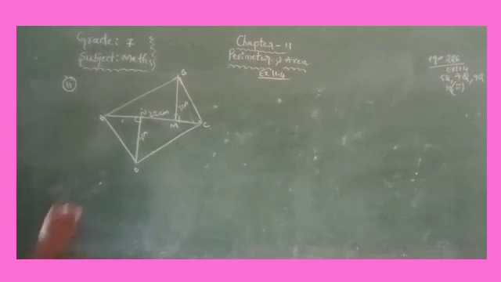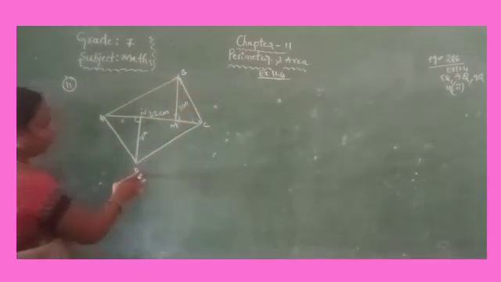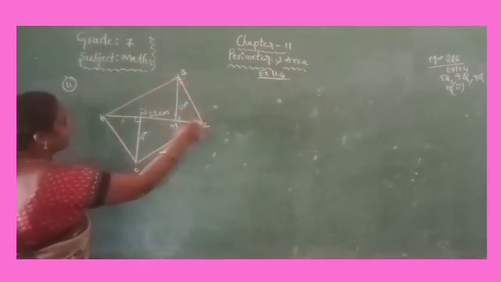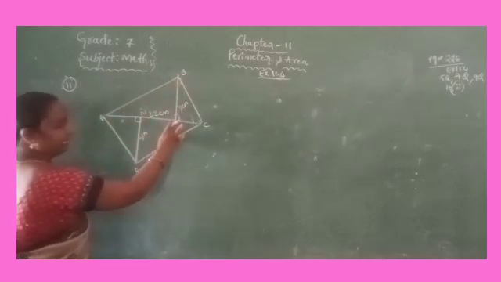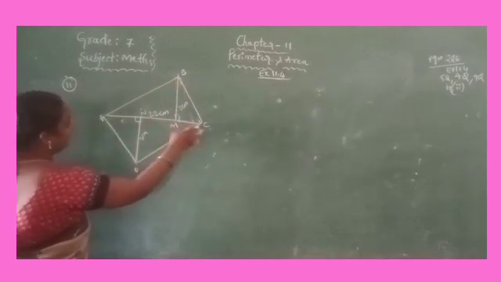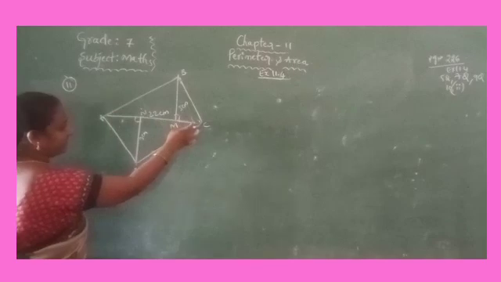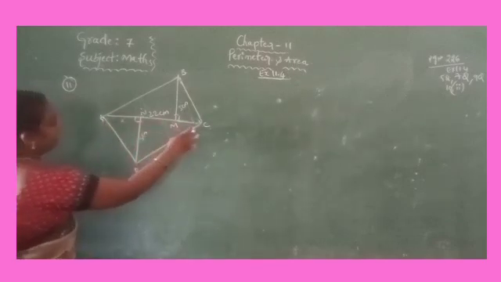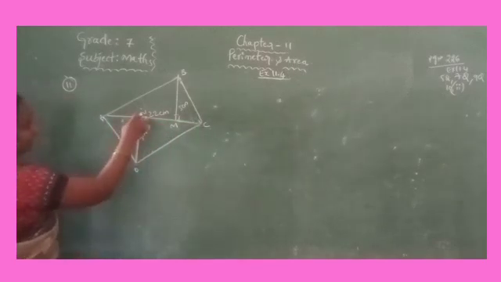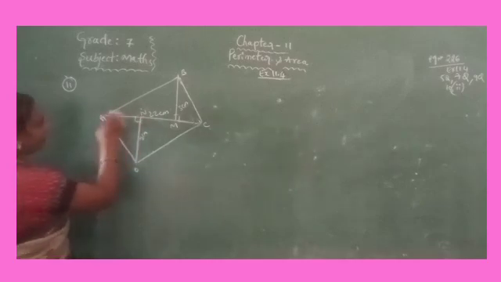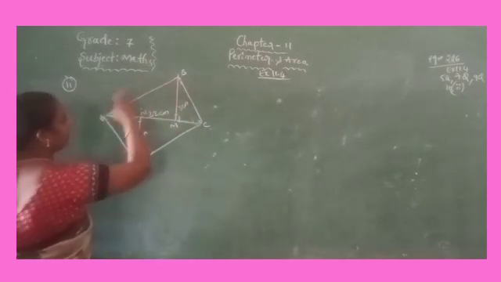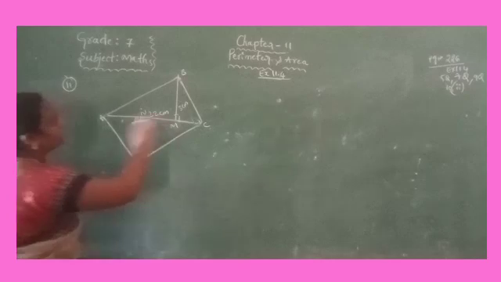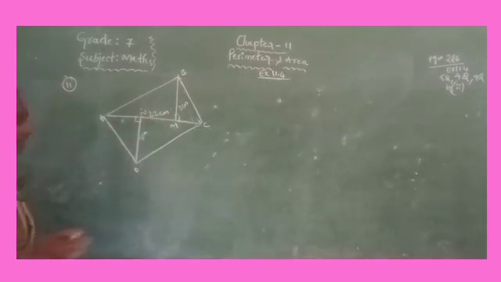Observe in this figure, ABCD is a quadrilateral, ABC is a triangle, and BM is perpendicular to the opposite side AC, and DN is perpendicular to AC. Now how do we find the area of this quadrilateral?